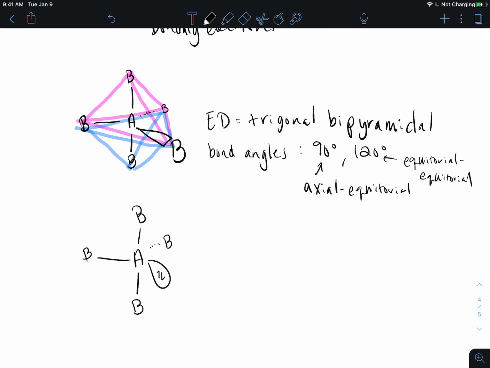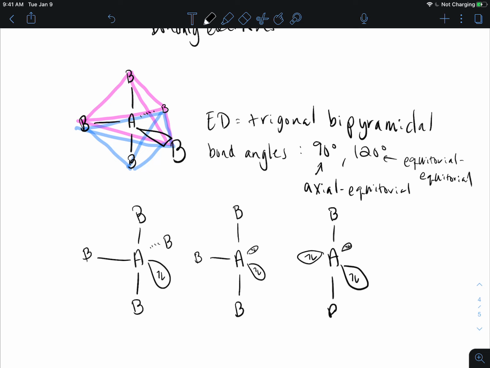Like that. And like this. And like this. Okay.